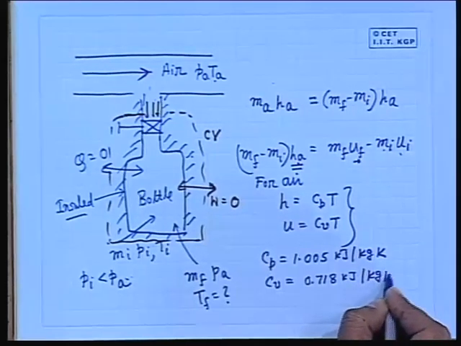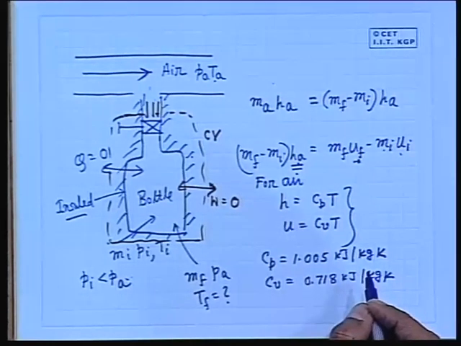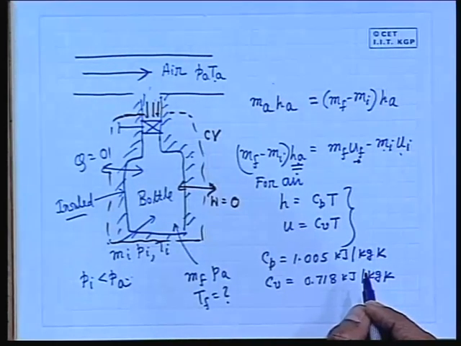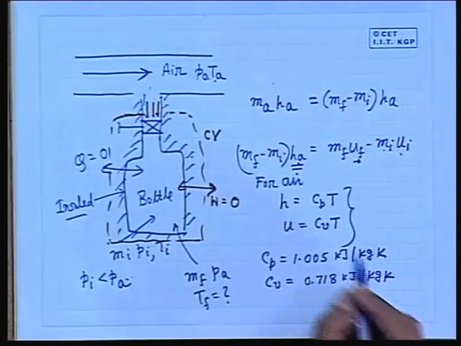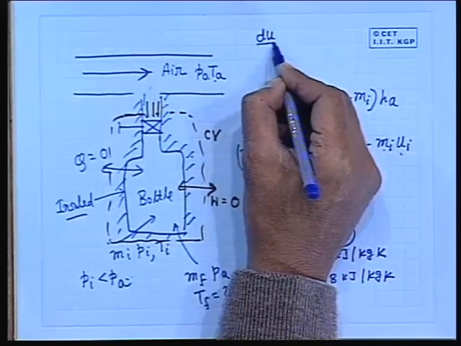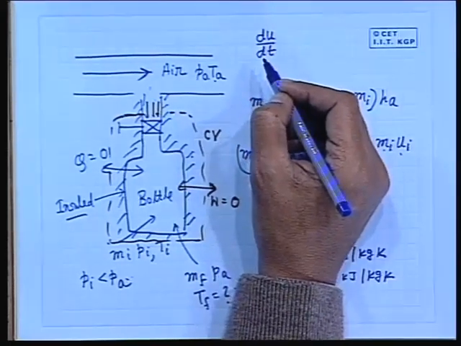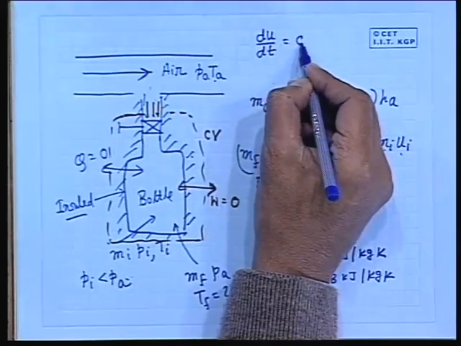These come from the fact that for any ideal gas, internal energy and enthalpy are functions of temperature only, not of any other property. That means one can write du/dT, because u is a function of temperature, there is no question of writing partial derivatives, is equal to Cv.